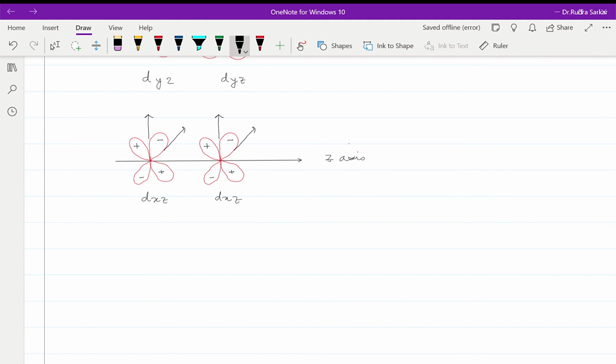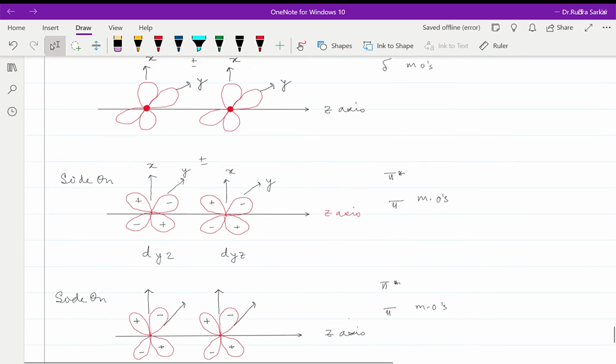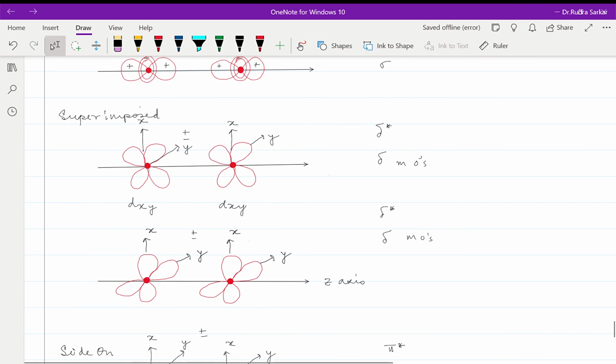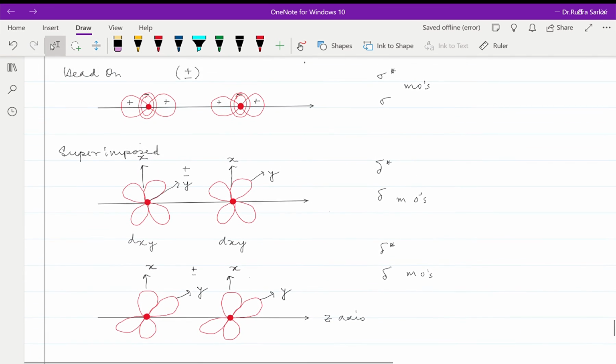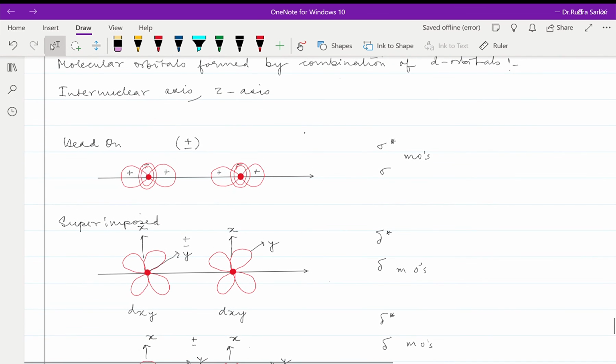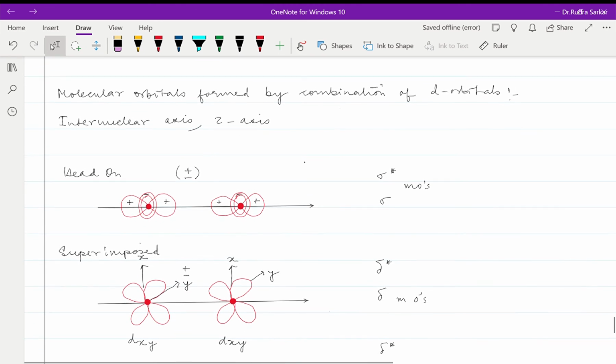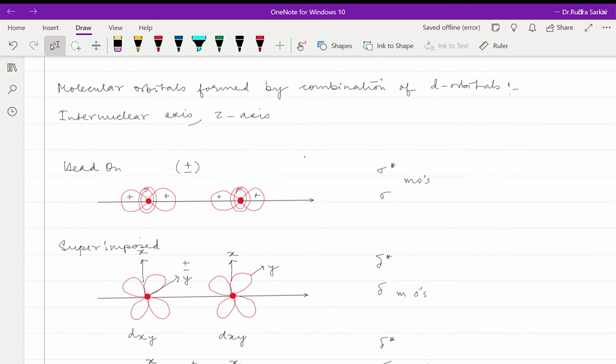Again, the overlap over here is of the side-on type, and that will lead to formation of pi and pi star molecular orbitals, as we were saying. So now it is clear to us which orbitals will undergo side-on, which will be superimposing with each other, and which will be undergoing head-on overlap. That explains the entire story of the combination of d orbitals leading to the formation of molecular orbitals.